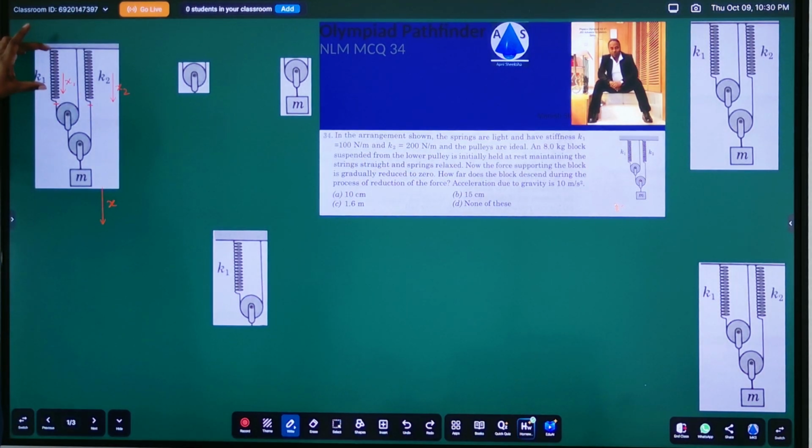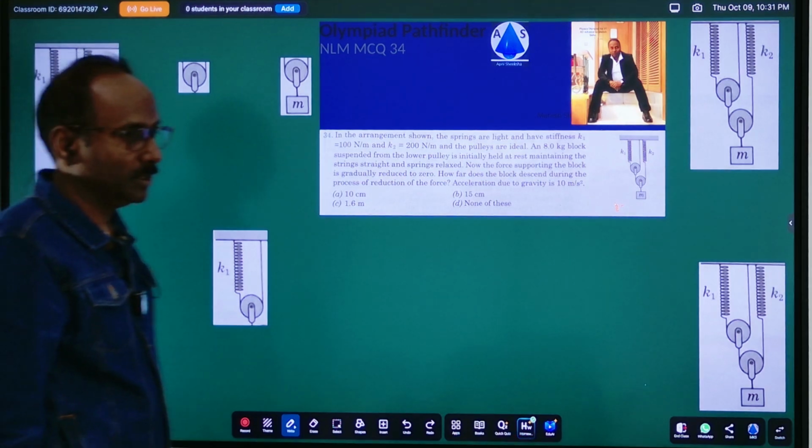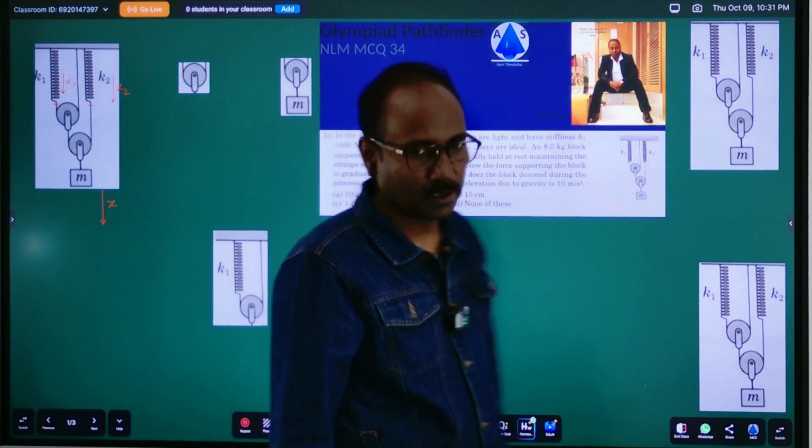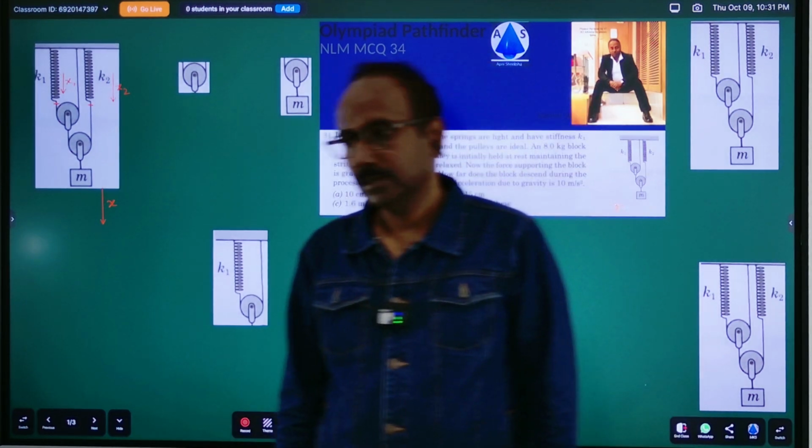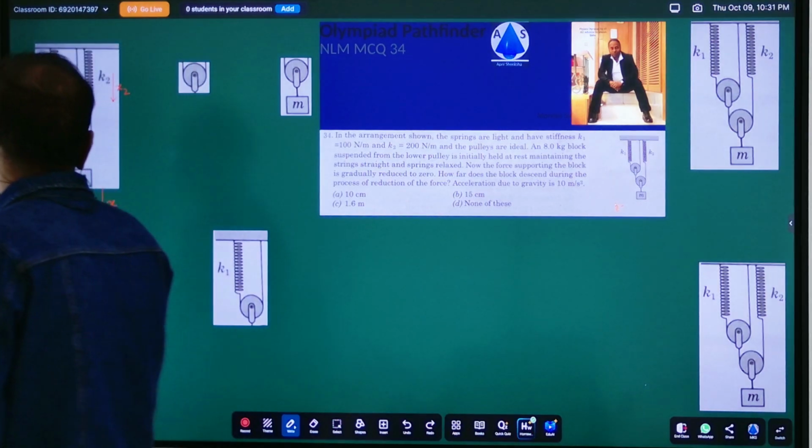Since this spring has elongated by a length x1, spring force will act on this thread upward, and that will be equal to K1 x1.